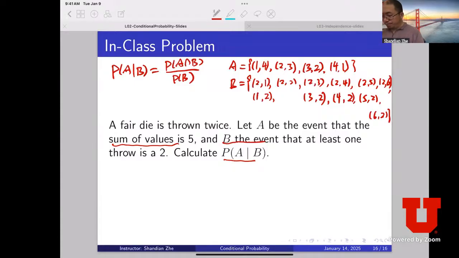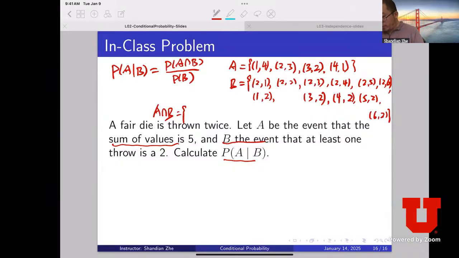So then what is A intersection with B? You just look at these two sets and say which are in common. So what is A intersection with B? Yes, exactly.